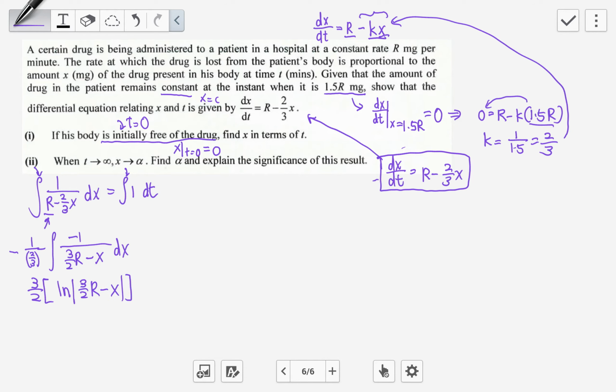Then the right side will be t plus c, which comes from integrating 1 with respect to t, where c is an arbitrary constant.